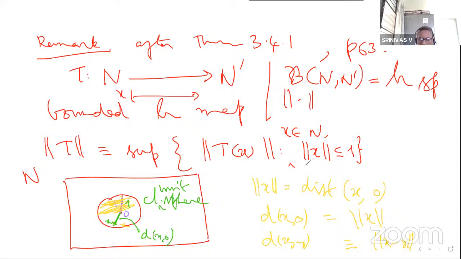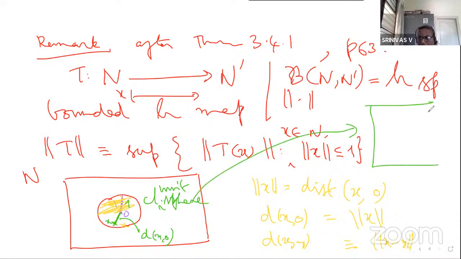For those x, you are studying the norm of the T images. T of x are coming from N dash. T maps N to N dash.